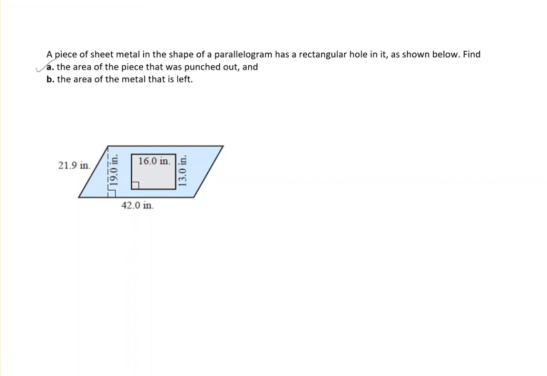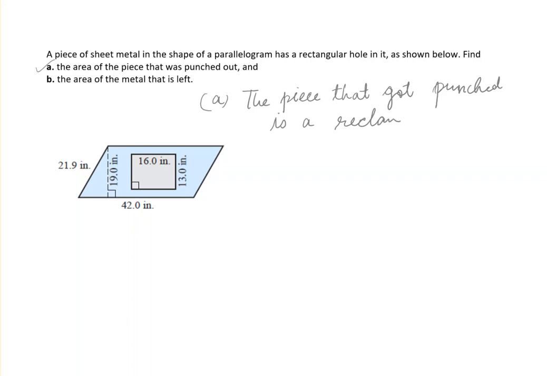One thing we noticed is that the piece that was punched out is the shape of a rectangle. And we can figure out the area of that rectangle, this gray shaded area.